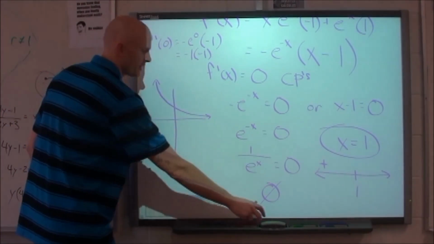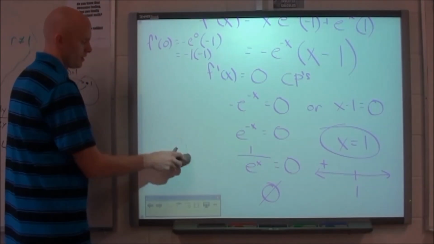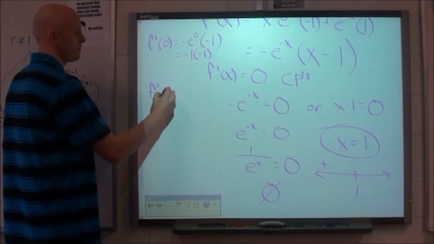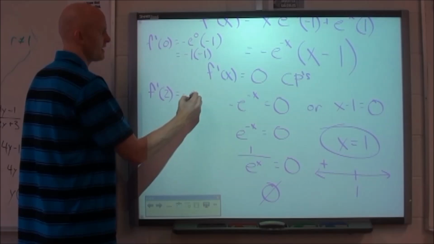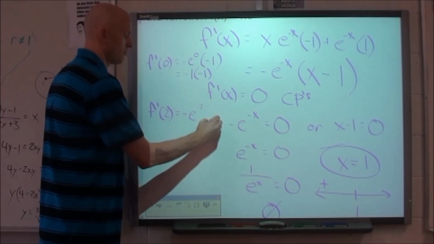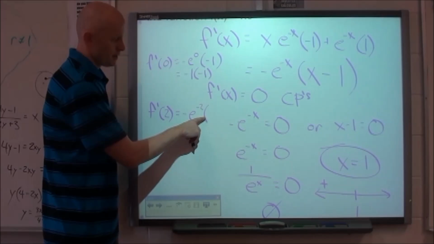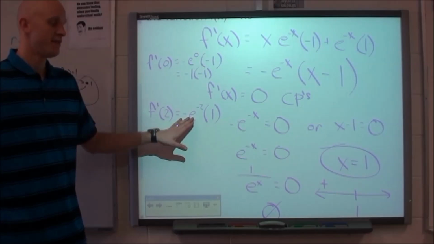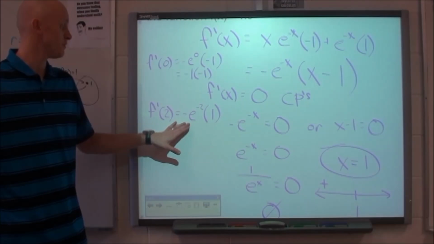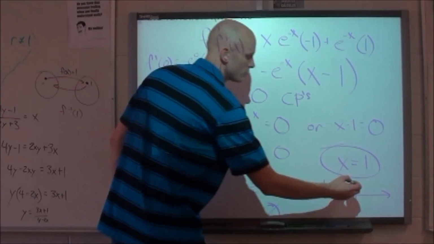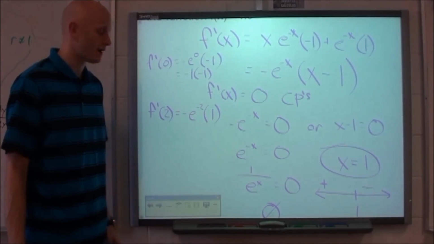Plugging in a number greater than 1, we can pick anything. Let's try 2. So f prime of 2 is equal to negative e to the negative 2 multiplied by 2 minus 1 is a positive 1. This value is going to be a negative multiplied by a positive, which will give us a negative value there.